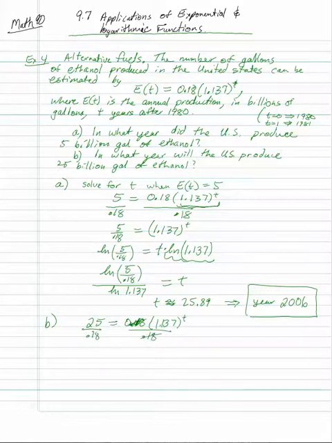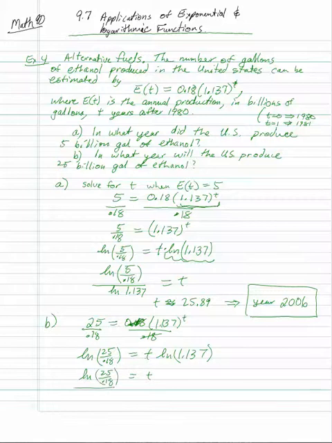So those cancel. And then we're going to take ln of both sides. Bring that t out in front. I kind of skipped a step there, but I'm just looking above at part A. I kind of already know what the answer is going to be.